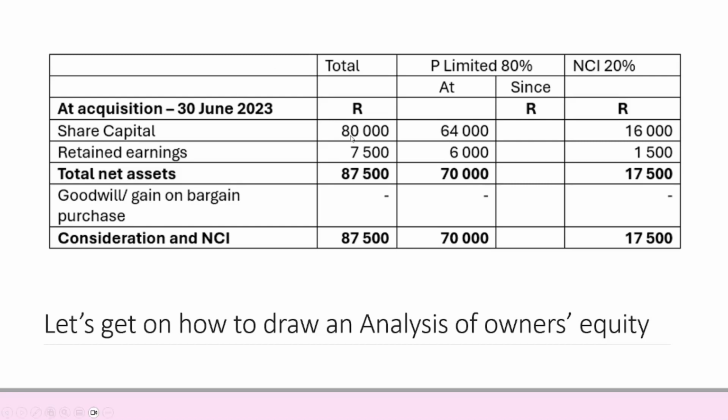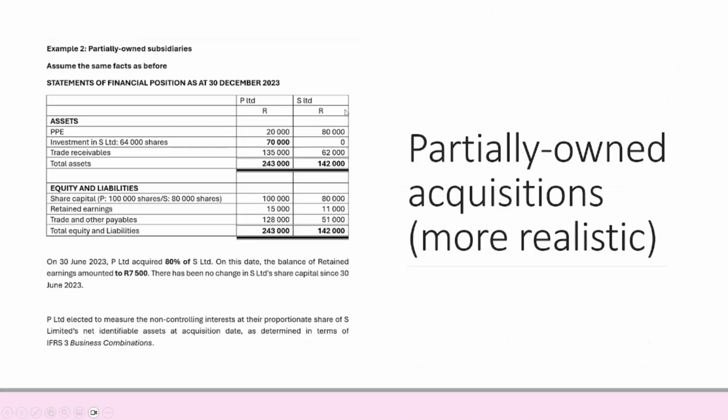In order to draw an analysis of equity, you take the fact pattern given to you. There are 80,000 shares, because it's an analysis of equity. It's not an analysis of assets. So these are the two things you have to take into account. But you do not take into account the 11,000.